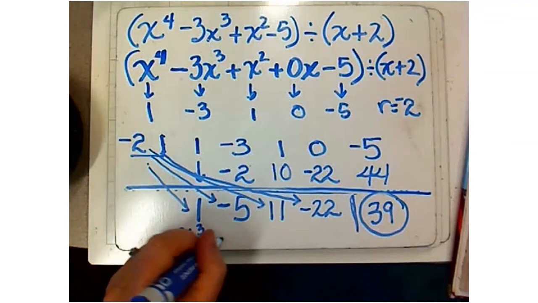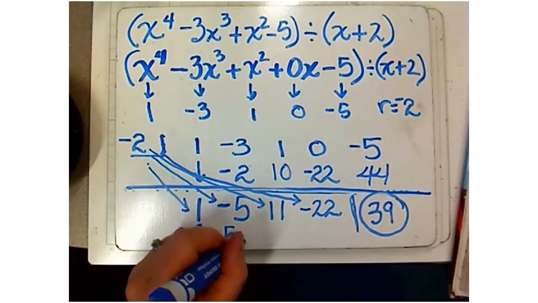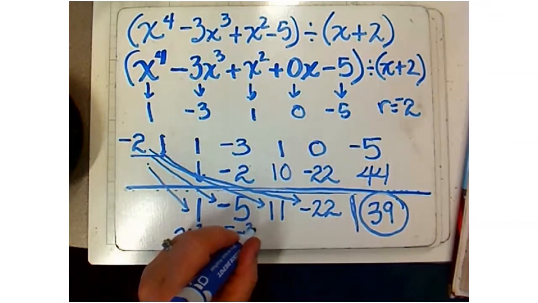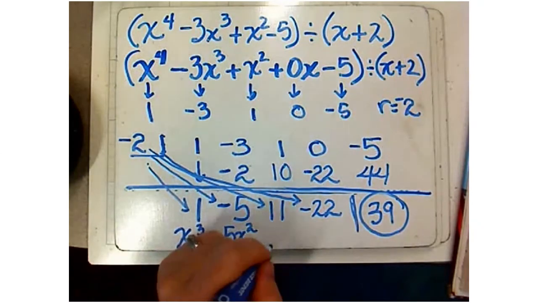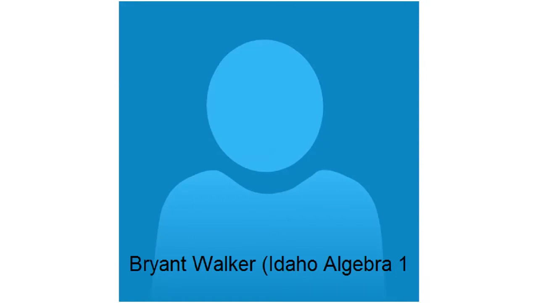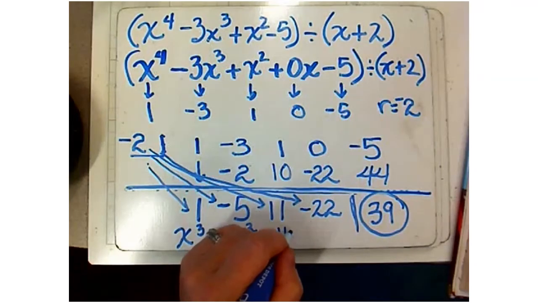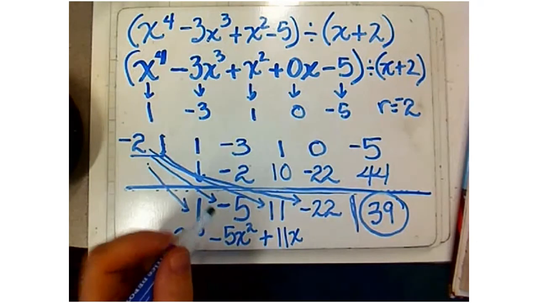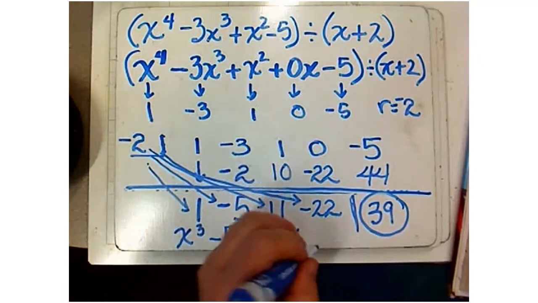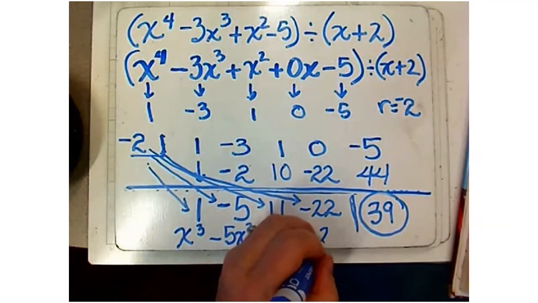Next term is -5 what? X squared, x to the 2nd, plus 11 what? X. See how important that was that we had a 0x? And then minus 22.